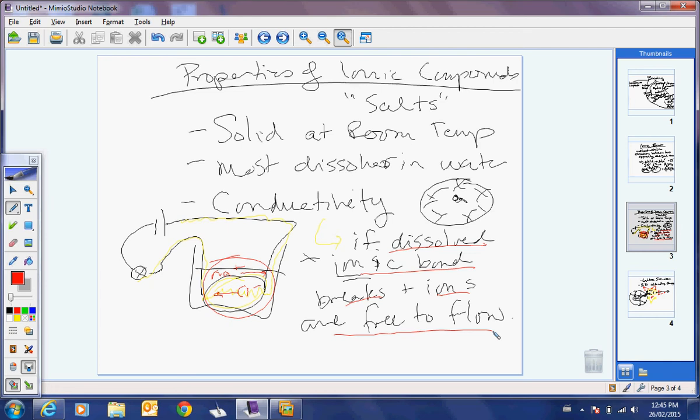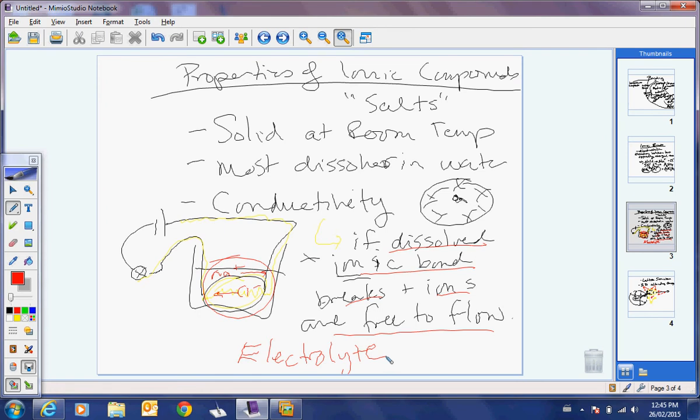But for now, I need you to sort of understand that. And this is called then an electrolyte. Okay, an electrolyte, meaning it dissolves and conducts electricity. But the salt block itself wouldn't conduct electricity because those ions aren't free, they're fixed.